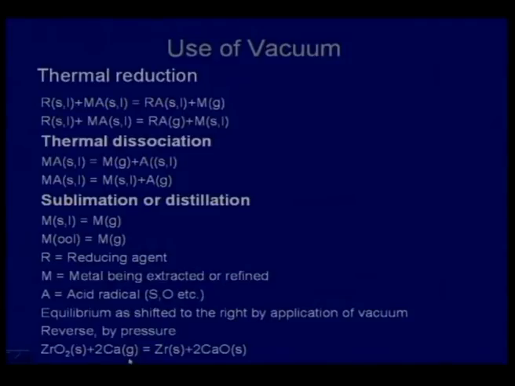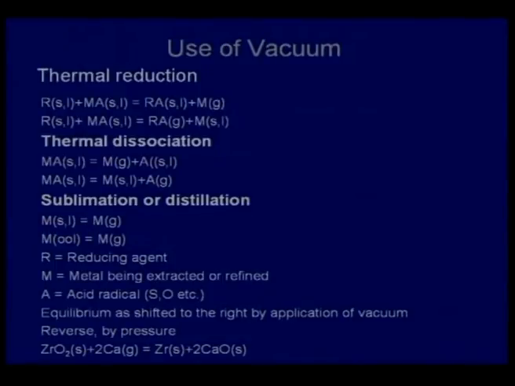In this case, it is pressure which is going to drive this reaction to the right, because you have a gas phase on the left hand side. So, there will be examples like this in pyrometallurgy, where we can use vacuum or pressure to make things happen at appropriate temperatures.